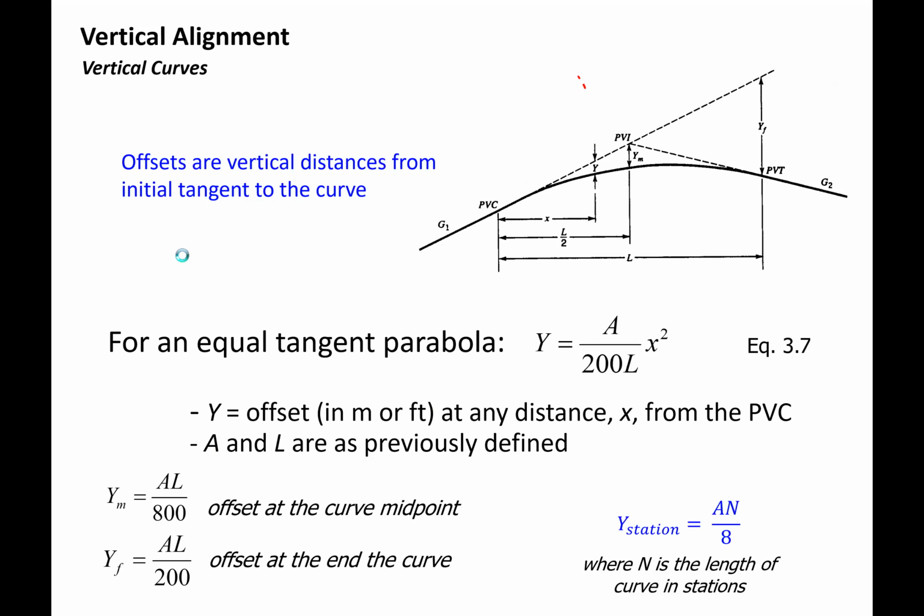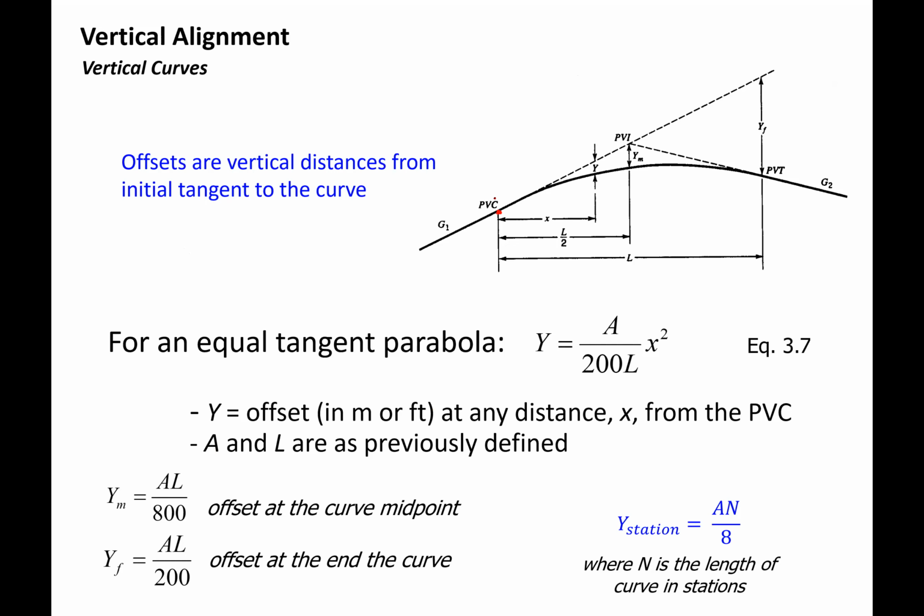So having derived those key elements, we can determine a number of key points for the curve, again assuming that it's an equal tangent parabola. Also note that the offsets that we're computing are vertical distances from the initial tangent to the curve. When I say initial tangent, I'm talking about this point here at the point of vertical curve.